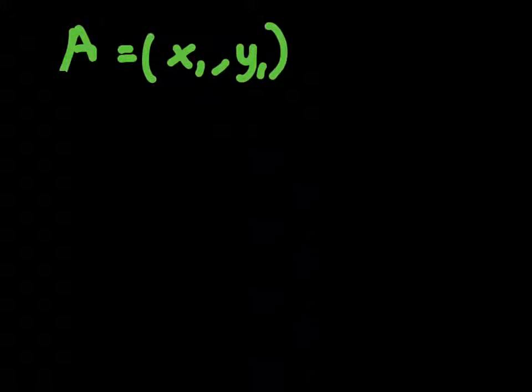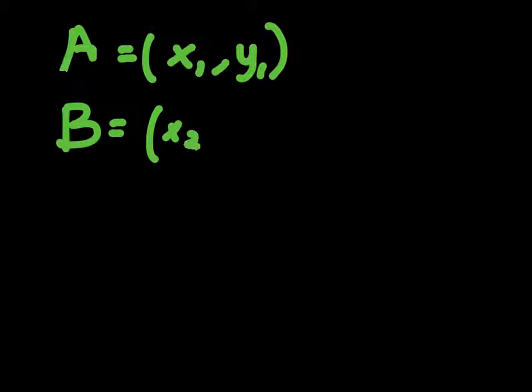The next important equation that could come in handy on the SAT is the midpoint equation. So, for example, we're given 2 points where A is equal to x1, y1, and B is equal to x2, y2. And we want to know the middle of this line.